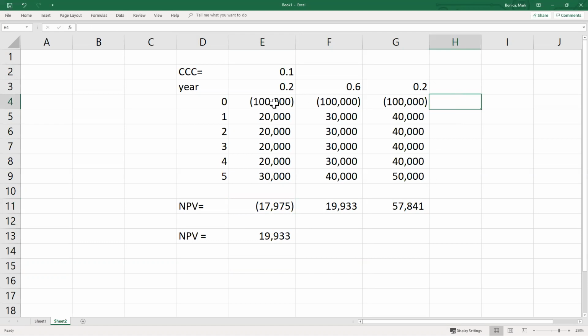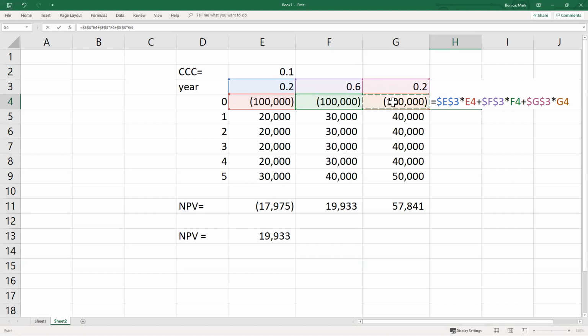You take the weighted average of each of these lines, and create an average or expected column. So you take 0.2, let me just lock that reference, 0.2 times 100 plus 0.6 times 100 plus 0.2 times 100.